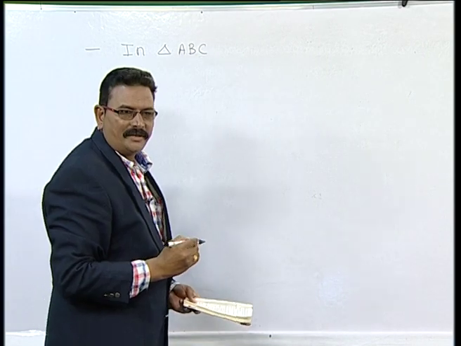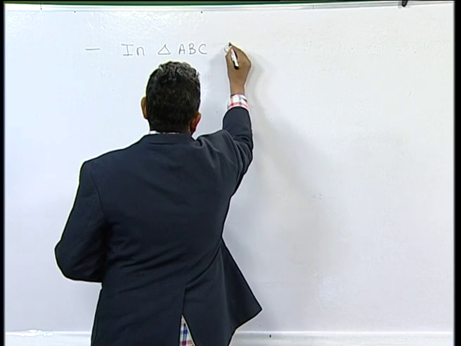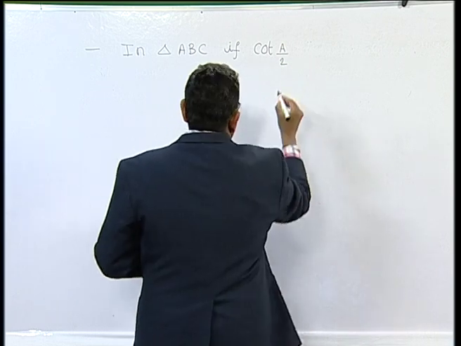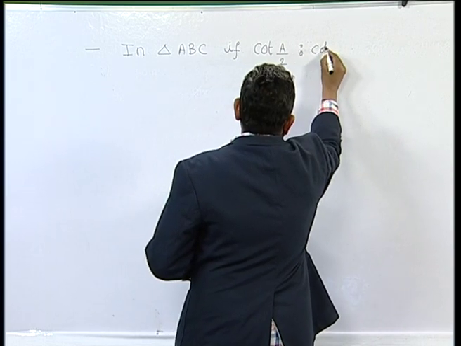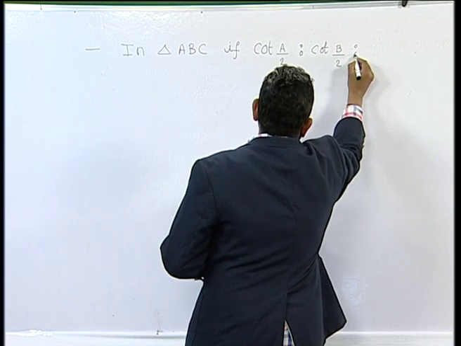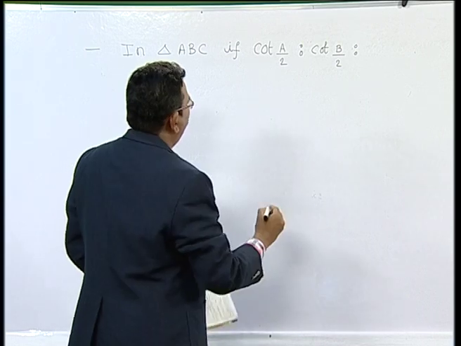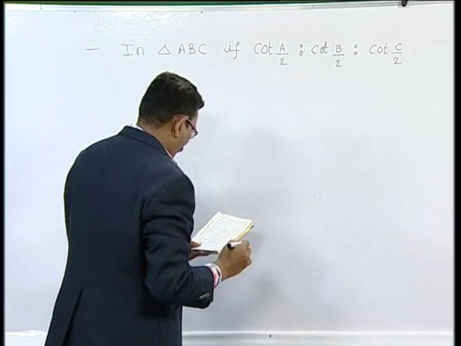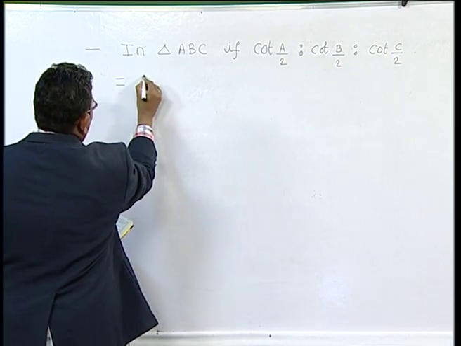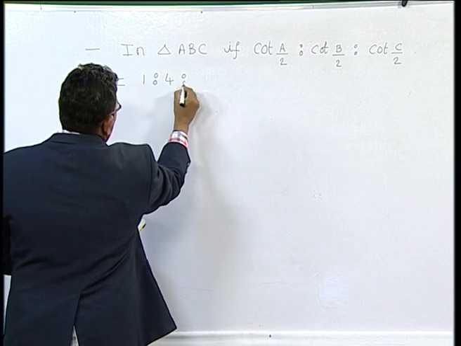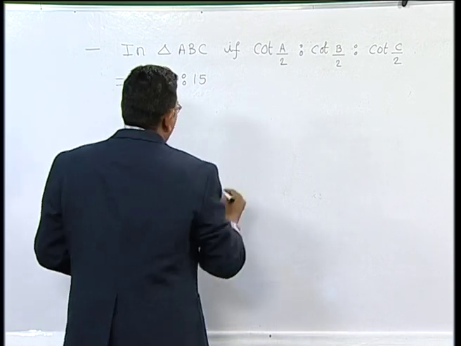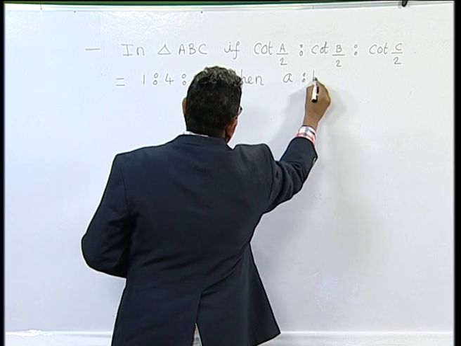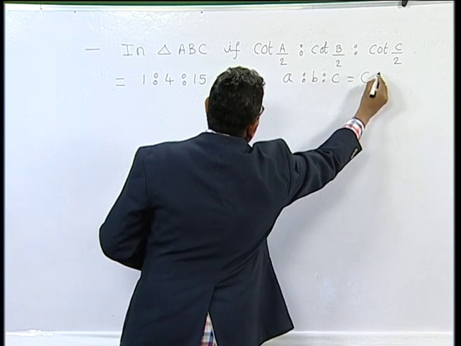In triangle ABC, if cot A by 2 is to cot B by 2 is to cot C by 2 is equal to 1 is to 4 is to 15, then A is to B is to C is equal to how much?